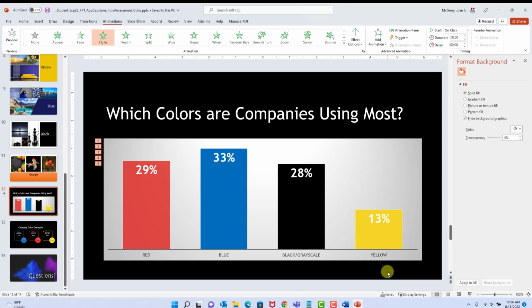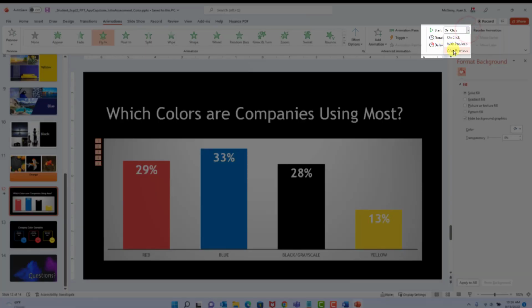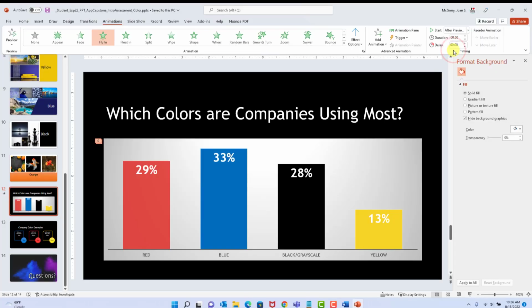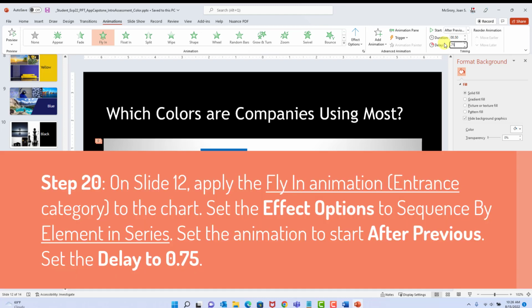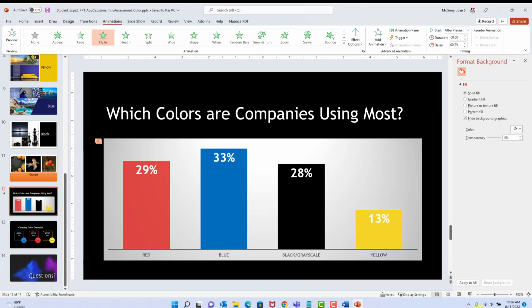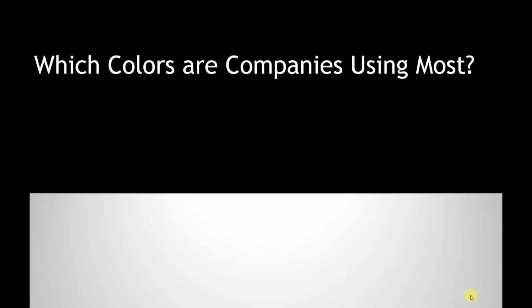Now we want to set the animation to start after, not on click, but to start after. Finally, we want to set the delay to 0.75. Enter. Save that, and let's go into the show just to make sure this is operating in the way that we would expect.